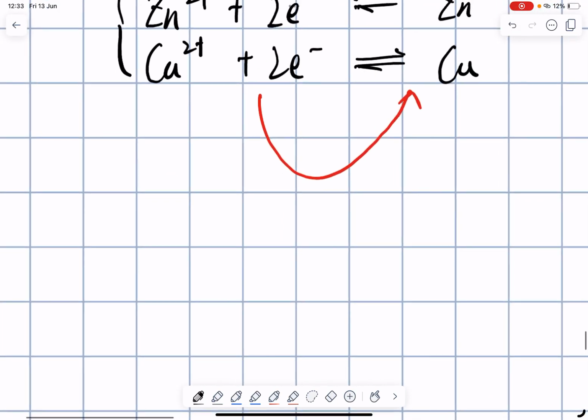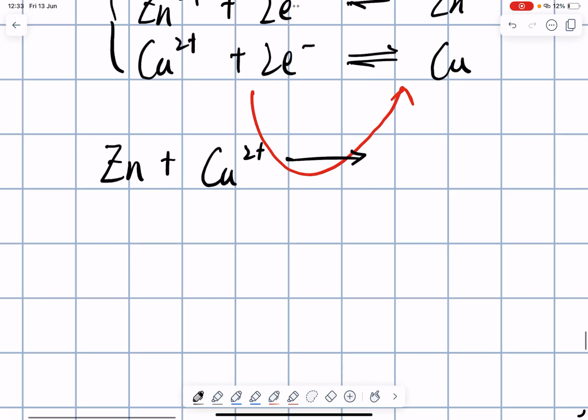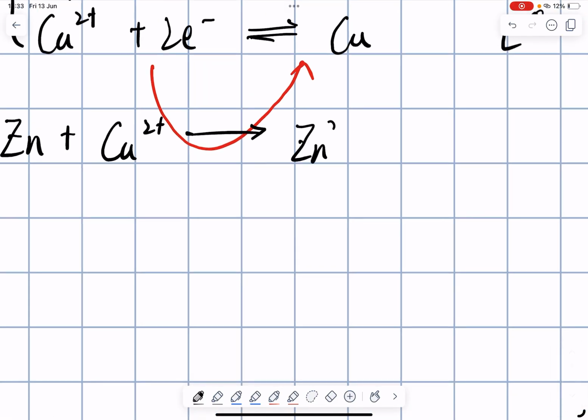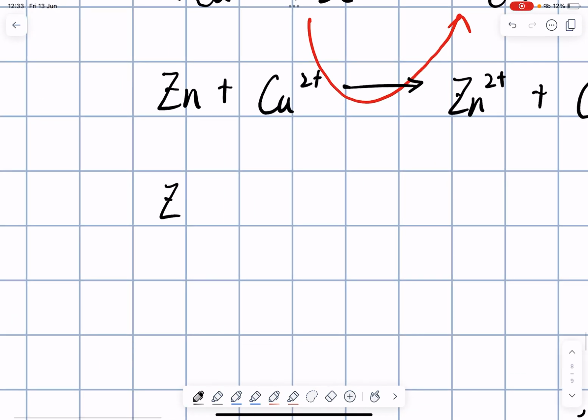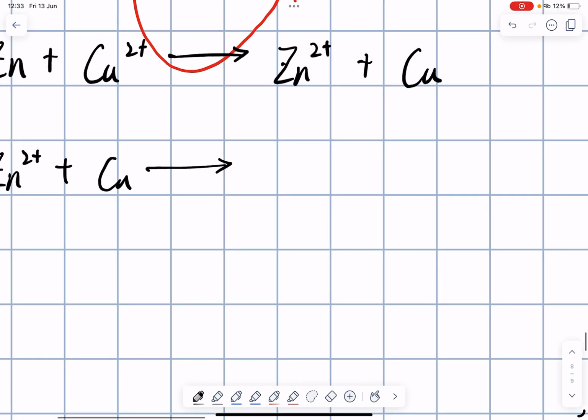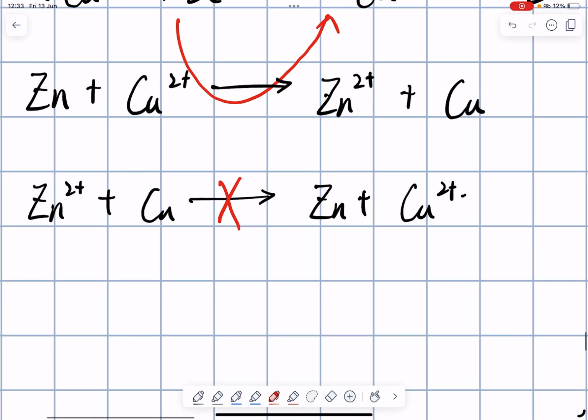So the reaction that will happen is zinc plus copper 2 plus turns to zinc 2 plus and copper. But this reaction, the reverse, will not happen. This never happens. And this happens.